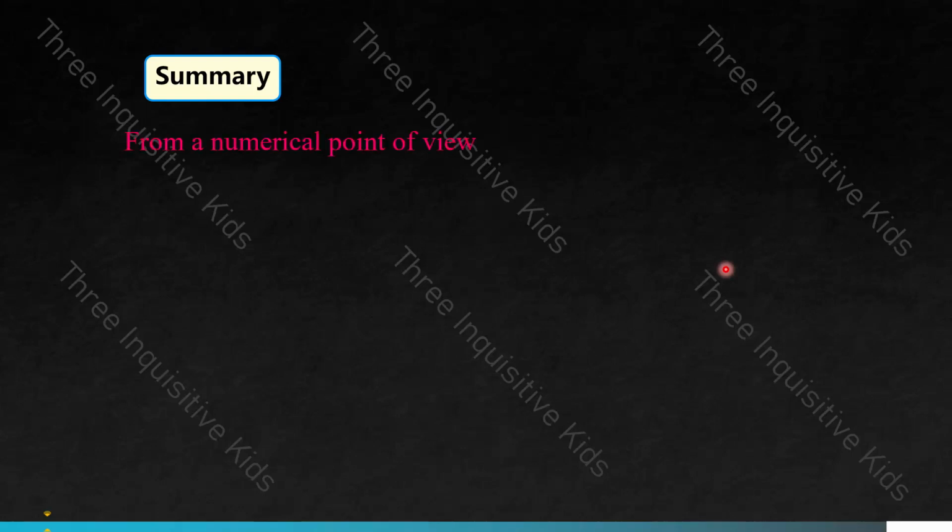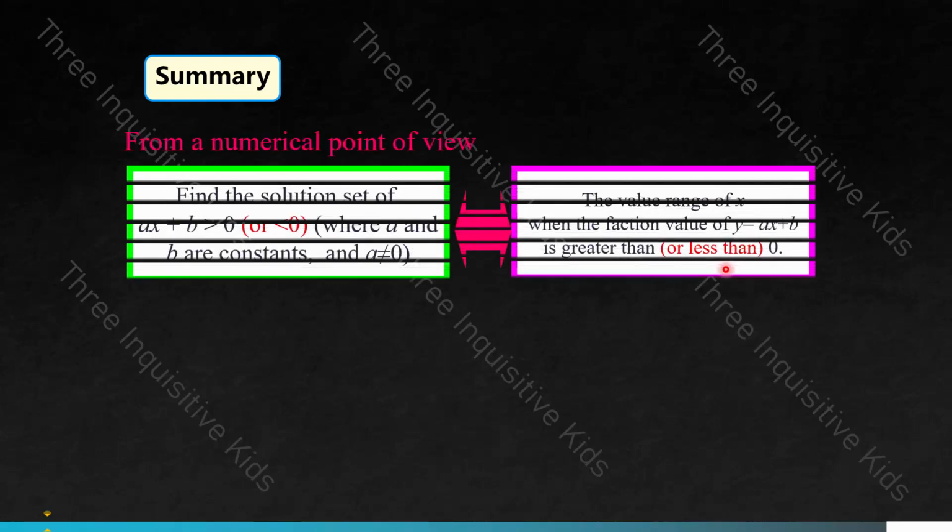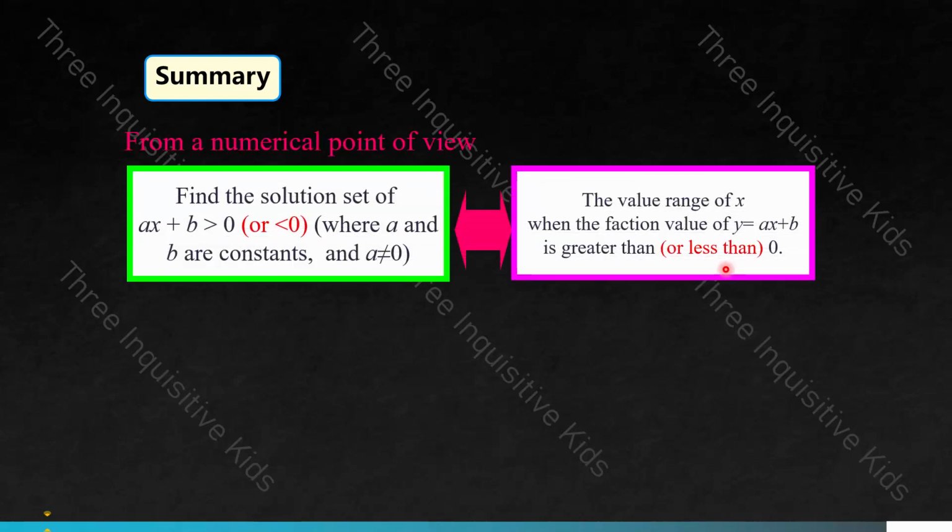So here is our summary. From a numerical point of view, finding a solution set of ax plus b greater than 0 or less than 0, where a and b are constants and a is not equal to 0, is the same as finding the value range of x when the function value of y equals ax plus b is greater than or less than 0.